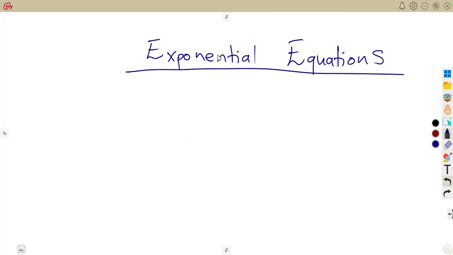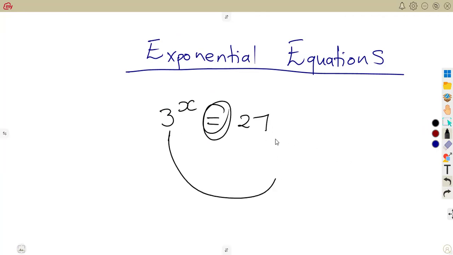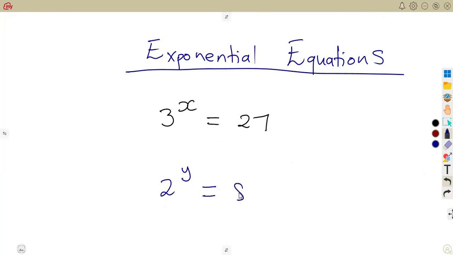A statement under exponents, giving us an equation to say one side is equal to another one. 3 to the exponent of x is equal to 27. The moment you have this, guys, this is equal to this. It's an equation. But it is under what? Exponents because of this. 3 to the exponent of 2 to the exponent of y is equal to 8. X to the exponent of 3 is equal to 27.